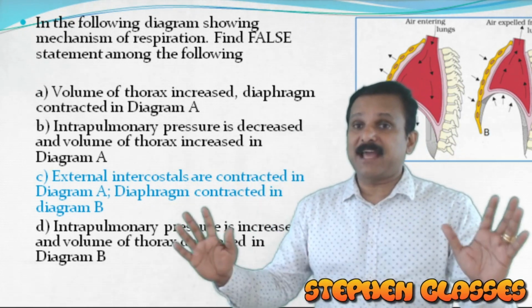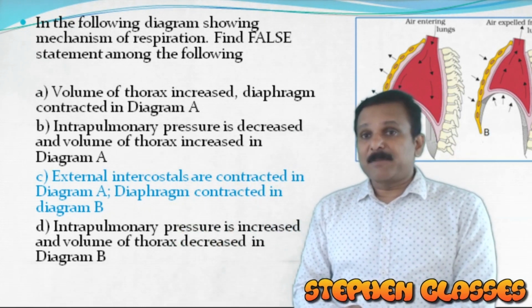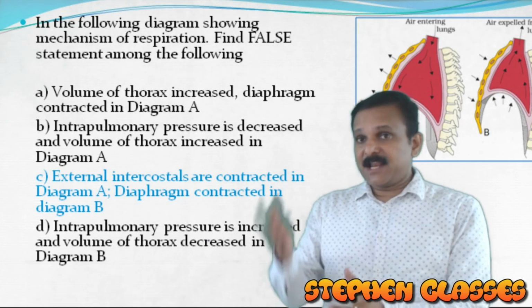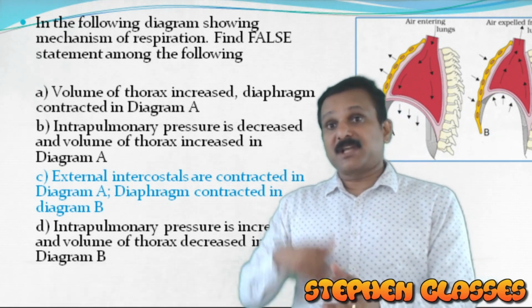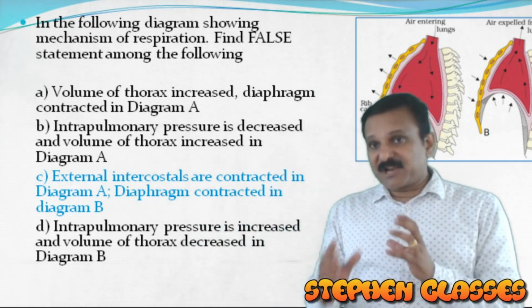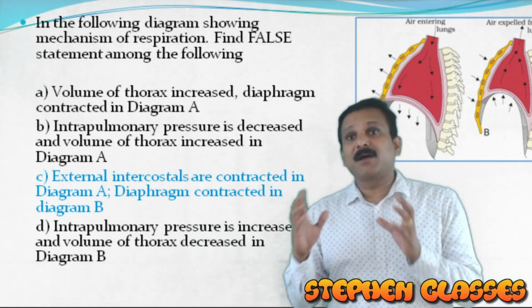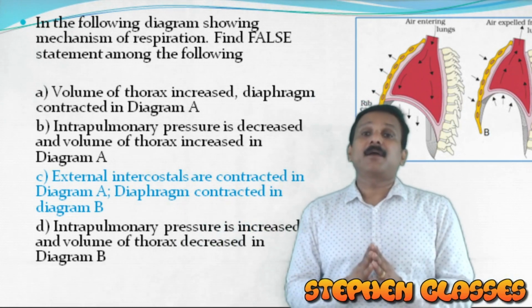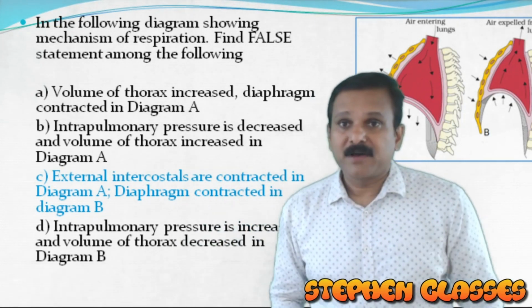Then only we can expel air. So intrapulmonary pressure decreases in inspiration and increases during expiration. So the volume and pressure inside our lung is also very important when you learn this mechanism of respiration.